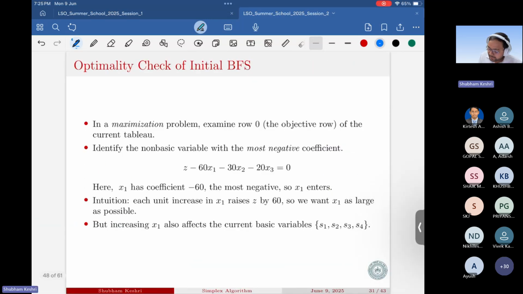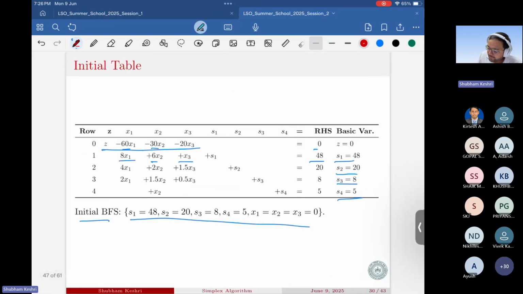When you write row 0 as Z is equal to 60x1 plus 30x2 plus 20x3, you see increasing x1 or x2 or x3 increases the objective function value. Currently, the objective function value is 0 because x1, x2, and x3 are 0.